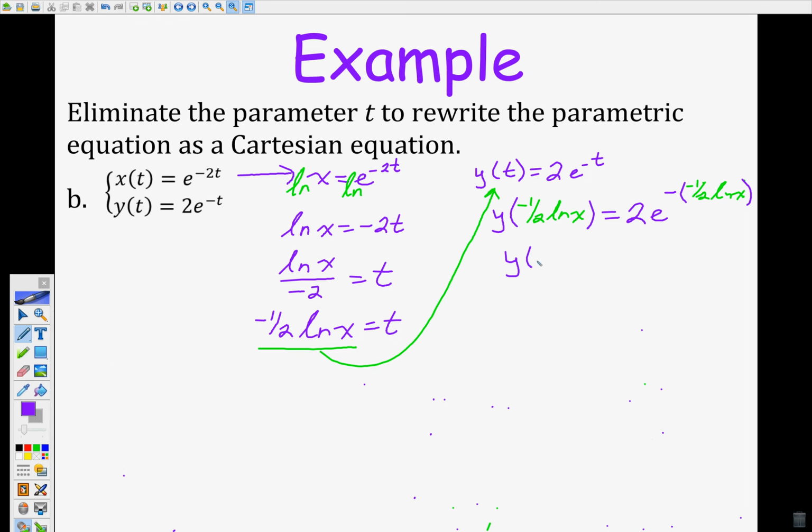So now y of x is equal to, see, the double negative cancels out and becomes positive.